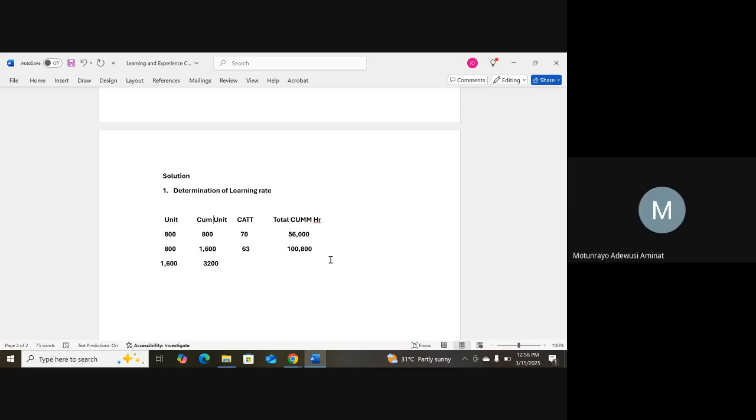Okay, go on. So the third one, when that 1,600 is doubled to 3,200, then what will happen to our cumulative? Then this 100,800 we add up to the next one. We add up to 80,640.